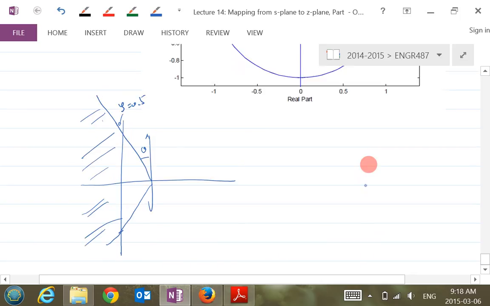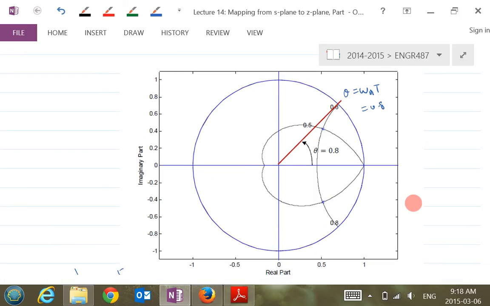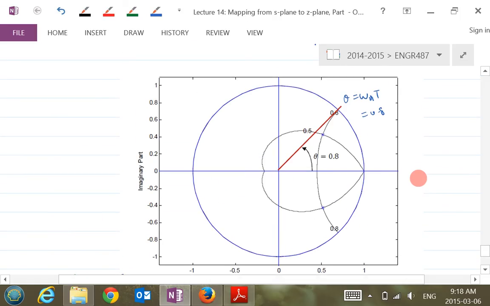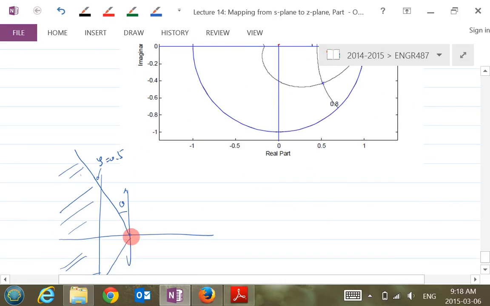So then, if we refer to the same thing in the z-plane, where will this region be? Where will this region be mapped to in the z-plane? Here I only mapped 2 points from that example. But now I want to map the whole region. So first, maybe look at these 2 lines.